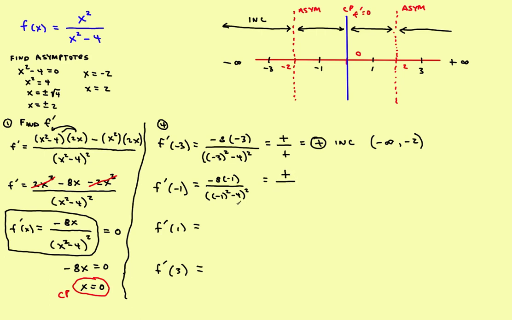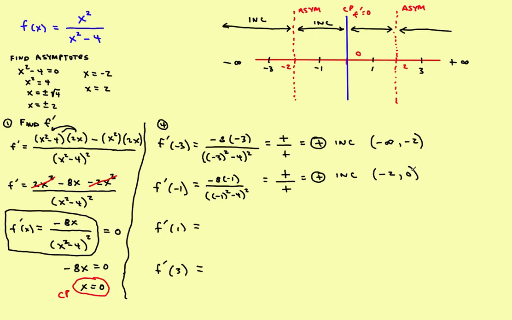And in the bottom, no matter what you put in and you square it, it'll turn out to be positive again. Positive divided by a positive is a positive, which again tells you that it's increasing in this interval. So it's going to be increasing in this second interval right here, and that's between -2 and 0. So it's going to be increasing from -2 to 0.